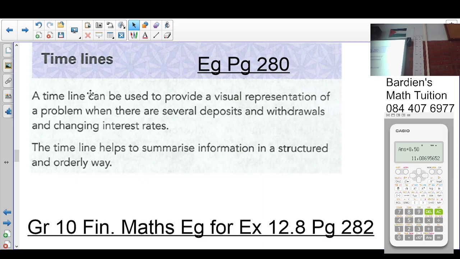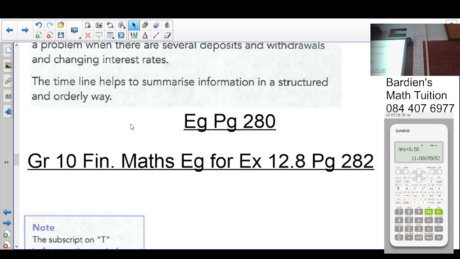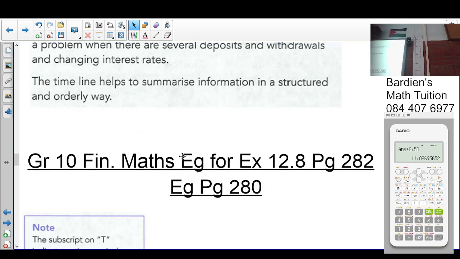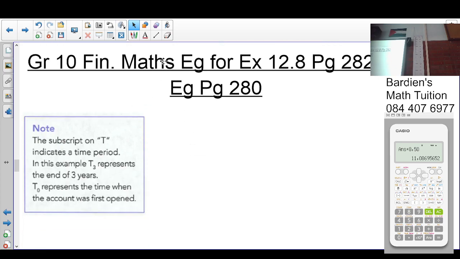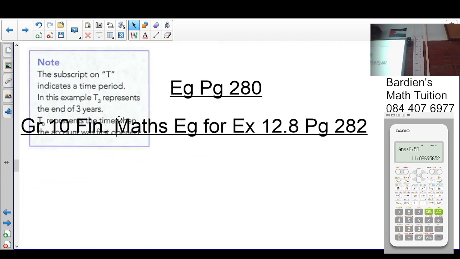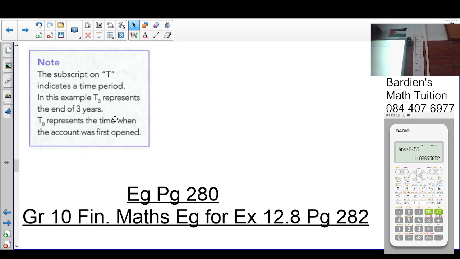A timeline can be used to provide a visual representation of a problem when there are several deposits and withdrawals and changing interest rates. The timeline helps to summarize information in a structured and orderly way. Note, the subscript on T indicates the time period.